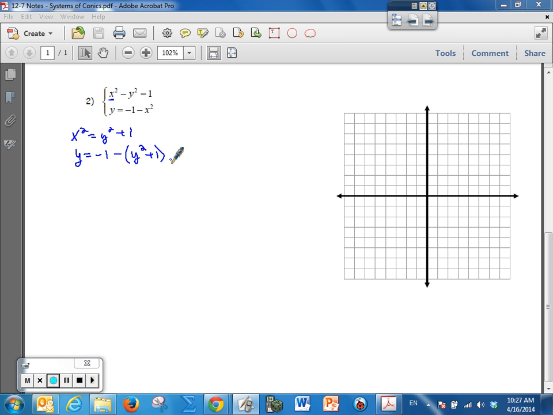So now what we do is distribute the negative, get ourselves a quadratic to solve. And that's our quadratic. Not factorable, is it?